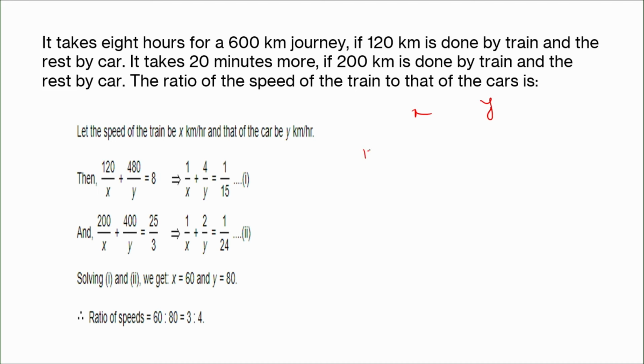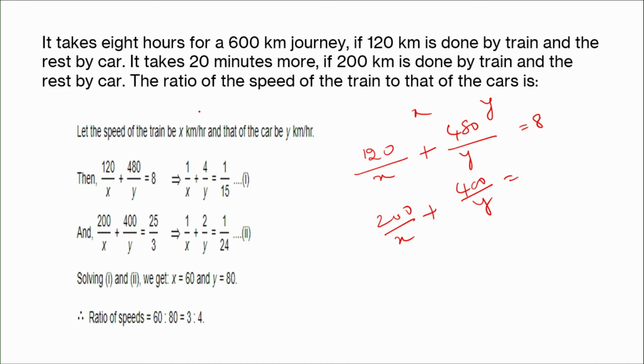120 kilometers by train means 120 by x, and the remaining 480 kilometers by car is 480 by y. The total time taken is 8 hours. For the other information, 200 kilometers by train means 200 by x, and the remaining 400 is 400 by y.